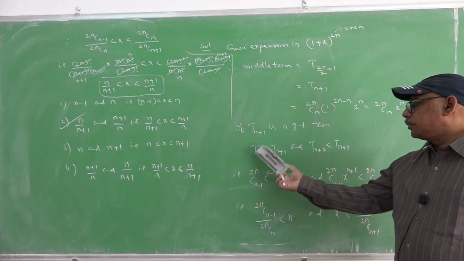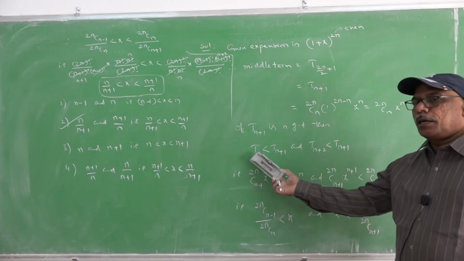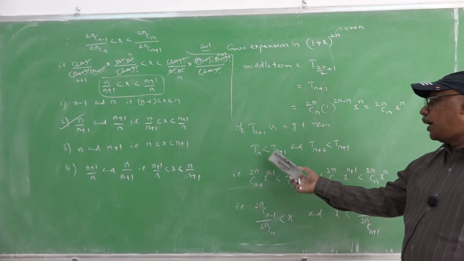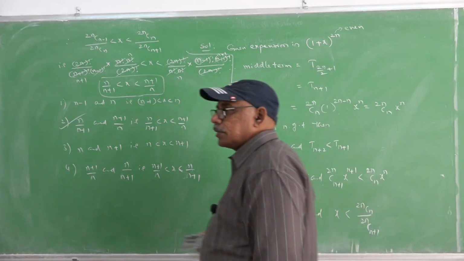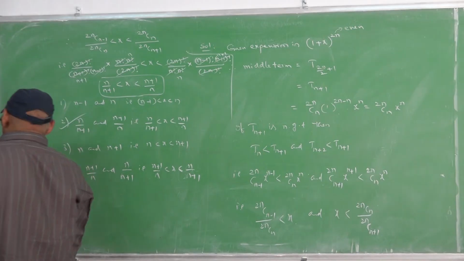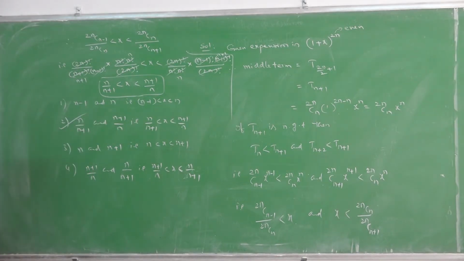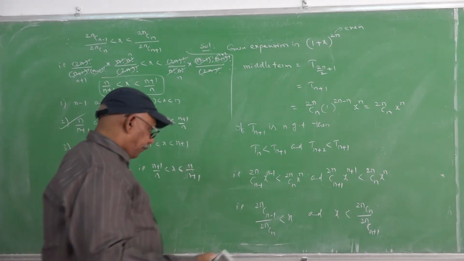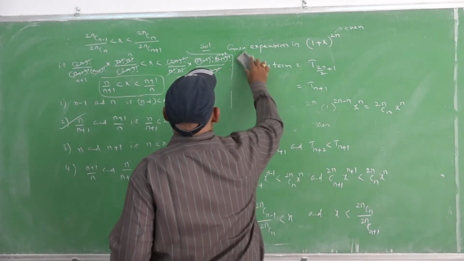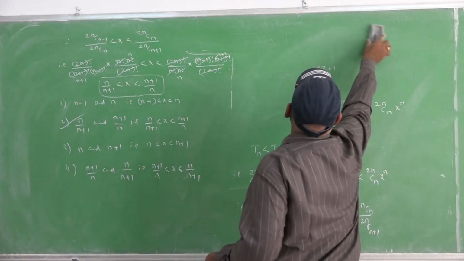So hence the predecessor of that term is certainly less than that term, and the successor is also less than that term. Based on that concept, we will get the range of the variable x here. That is the procedure of finding the numerically greatest term.